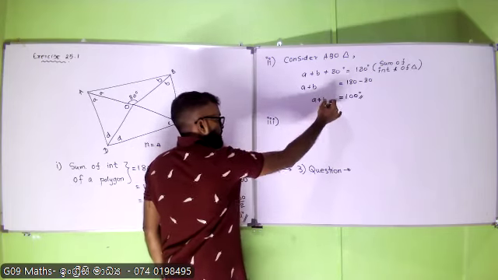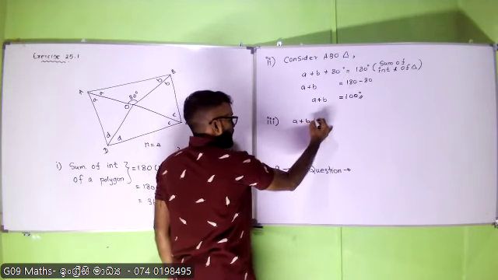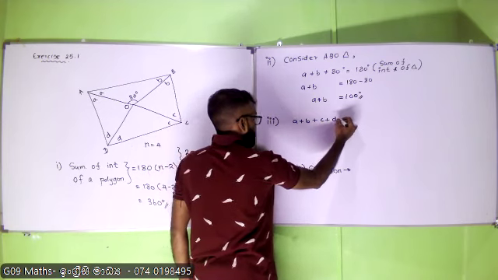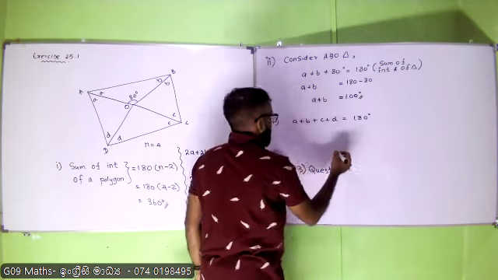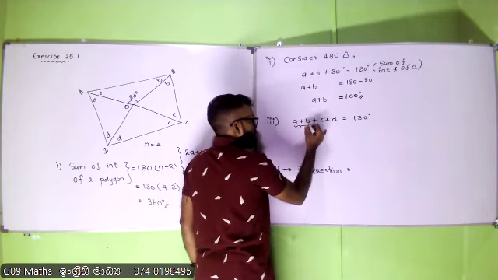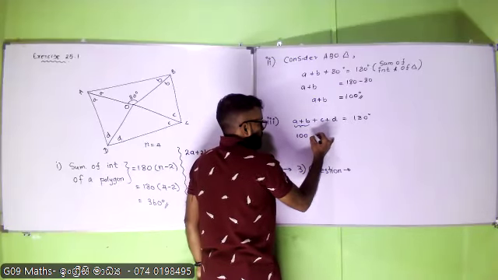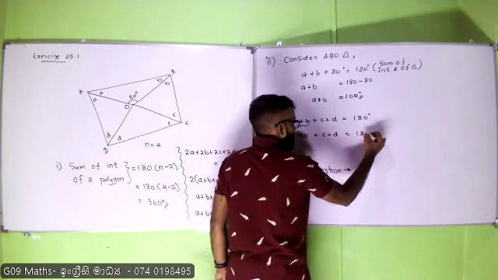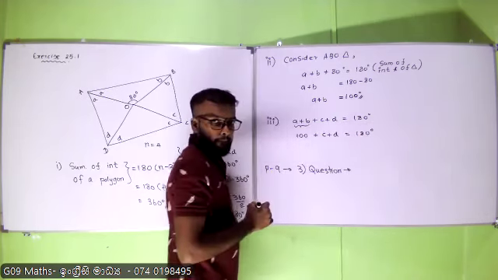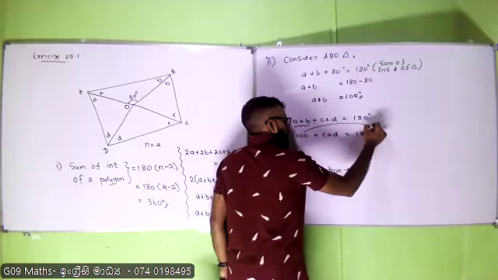Here a plus b equals 100. So I will write my earlier relationship, a plus b plus c plus d equals 180, and I can substitute a plus b equals 100. So 100 plus c plus d equals 180. Then take this 100 to the other side.